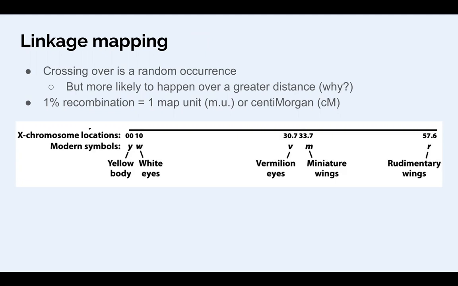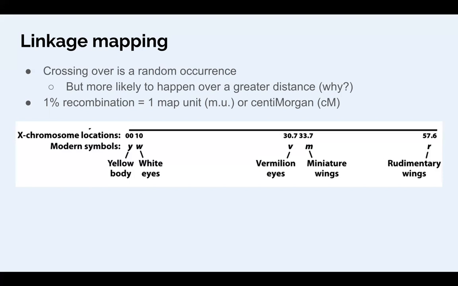So early on, this would be the way of mapping the locations of genes on a chromosome. If you found a new gene, these are fruit fly genes, say vermilion eyes, and you discovered a fly that's got these bright red vermilion eyes, and you wanted to find out what chromosome that's on, you would start crossing your vermilion-eyed mutant with known mutants at other genes.